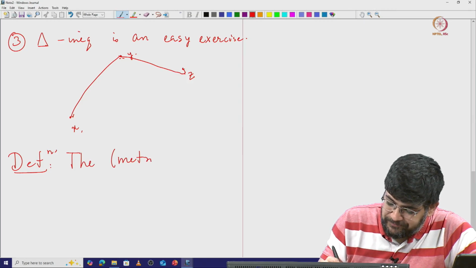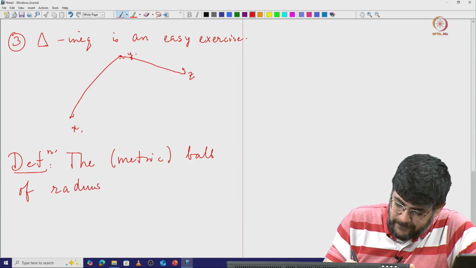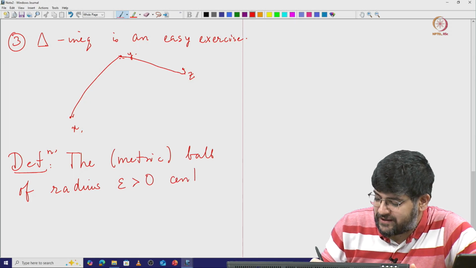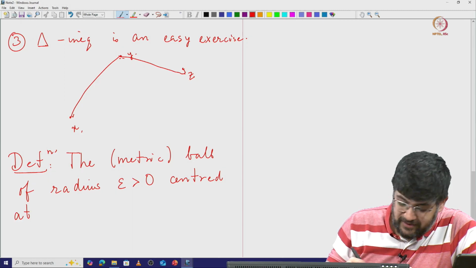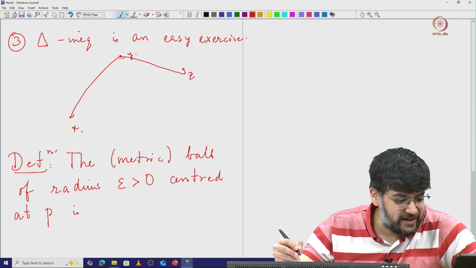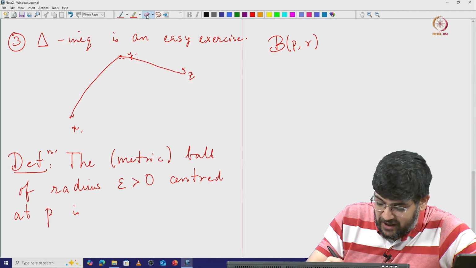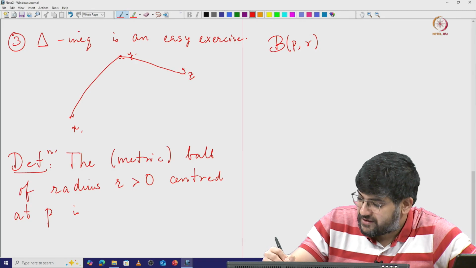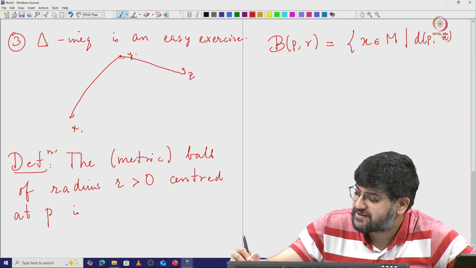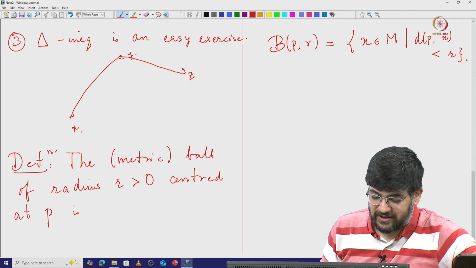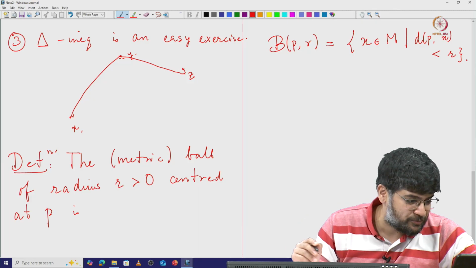The metric ball of radius R centered at P, with notation B(P, R), is the set of all points x in M such that the distance from P to x is strictly less than R. By definition, this is always an open set in the metric space topology.